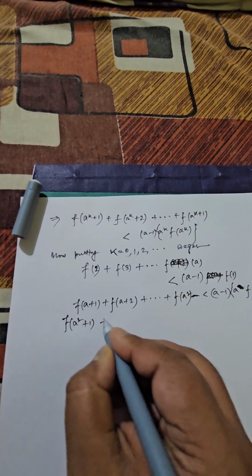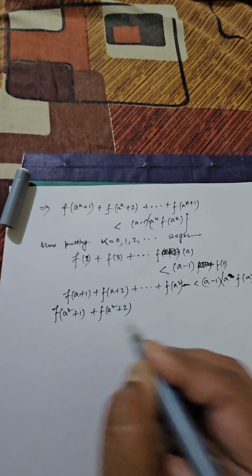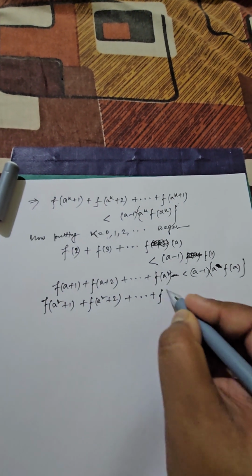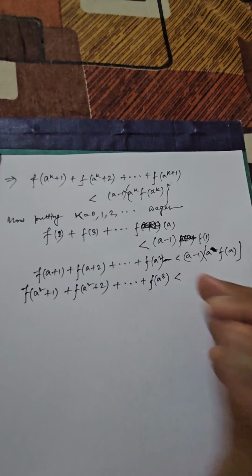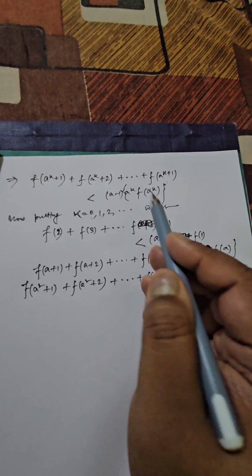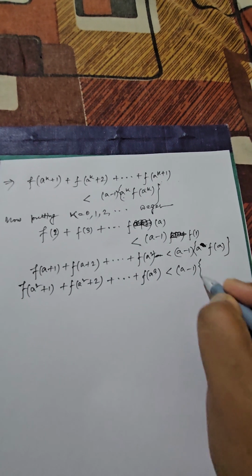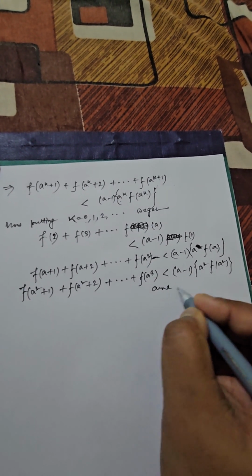Now putting k equal to 2, you will get a square plus 1, a square plus 2, plus dot dot dot a cube, which must be less than (a minus 1) a square f of a square, and so on. In this way you can continue.